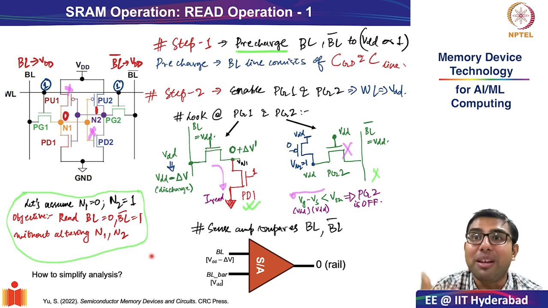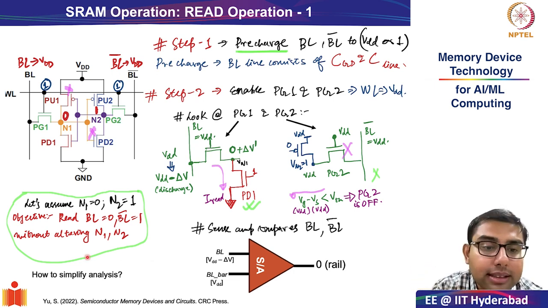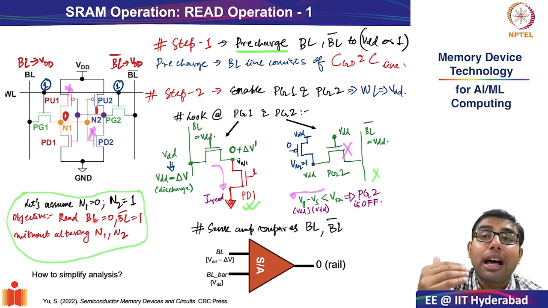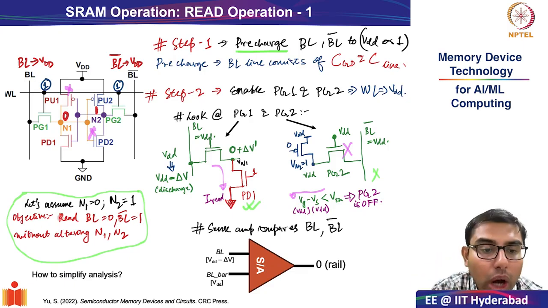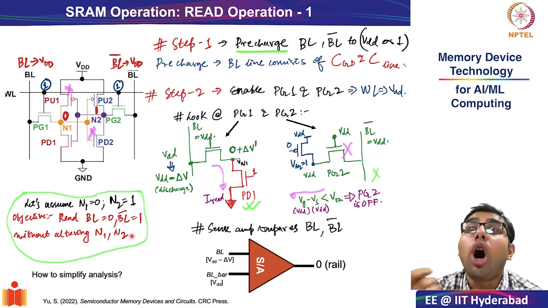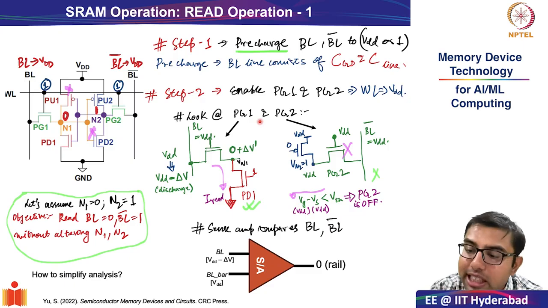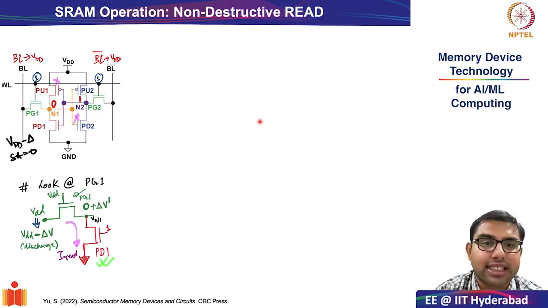You will have to refresh them after every read because it will become a destructive read. But for SRAM cells, the fundamental operation is that it should have a non-destructive read. So how do you make sure that N1 and N2 values are not altered when all these dynamic processes are happening? And this is what we will see in the next section.